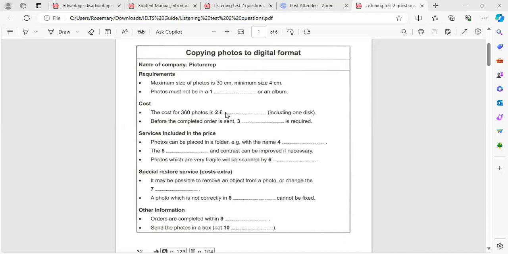And one more important thing while listening to the audio: you should be very careful about synonyms. For example, in the recording you can hear, she likes going to the gym and playing tennis.